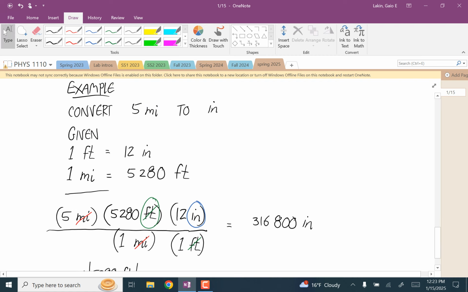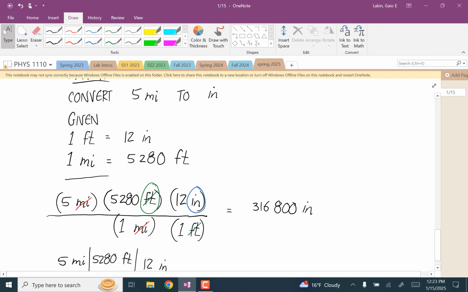Okay, well now let's do a unit conversion where instead of just a single basic unit type, we have a combination of units.